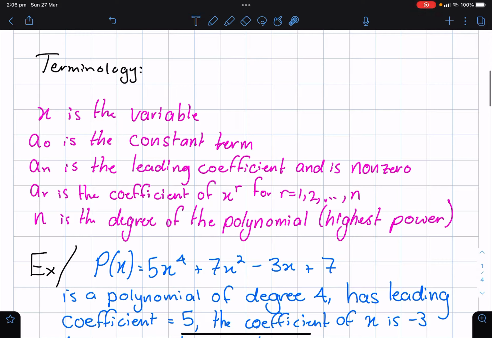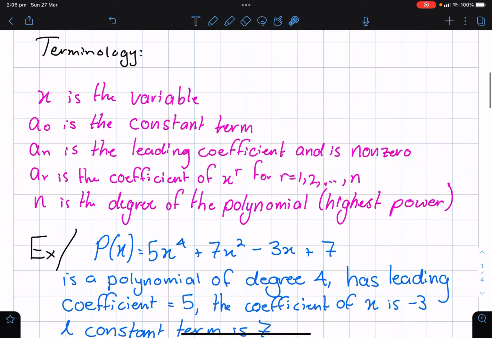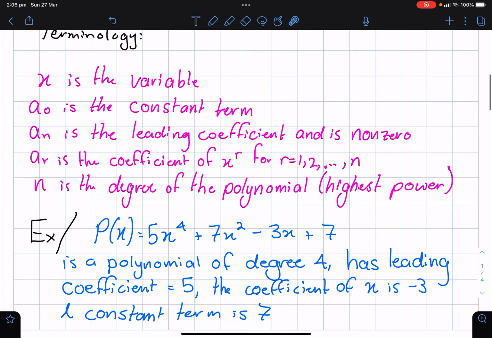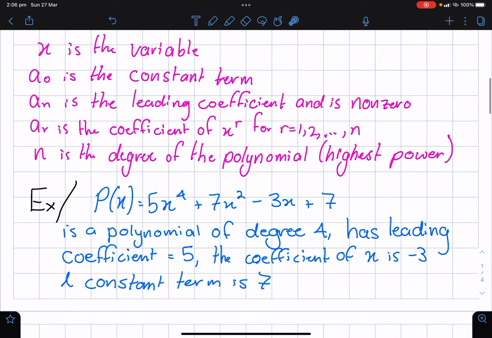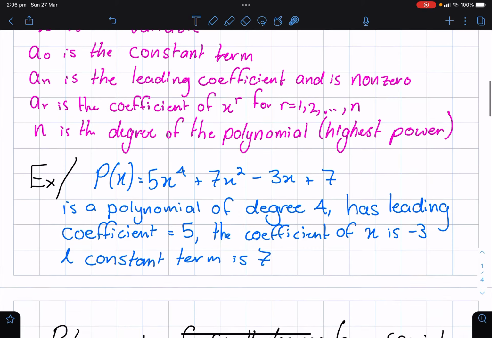The coefficient of x, so we go and we look at x, the coefficient is -3. So this sign here always is with our coefficient number. And then our constant term is 7, so it's the term here that doesn't involve x to any power, all right? And that's just sort of a base classification of a polynomial.